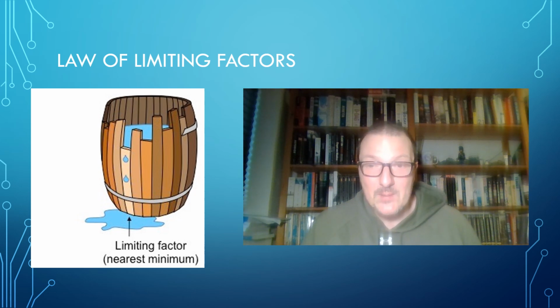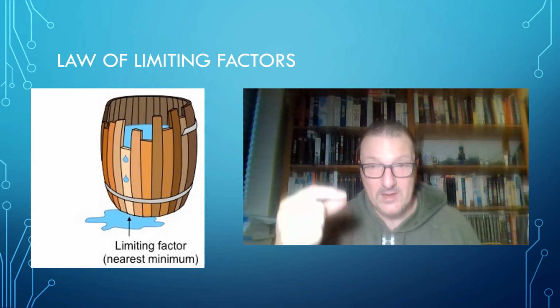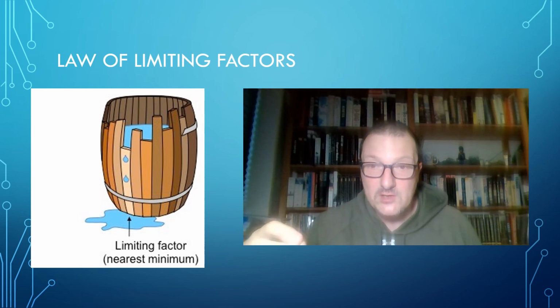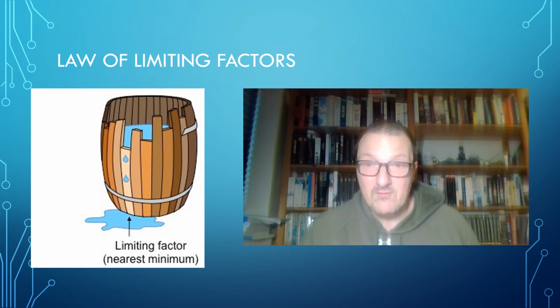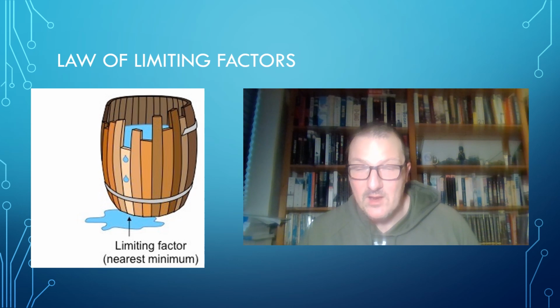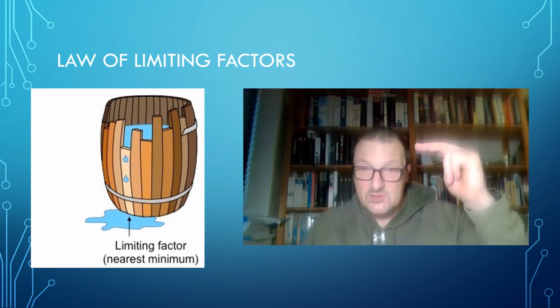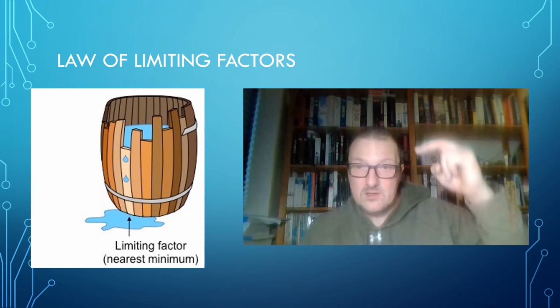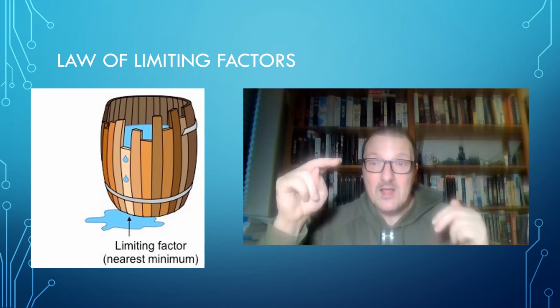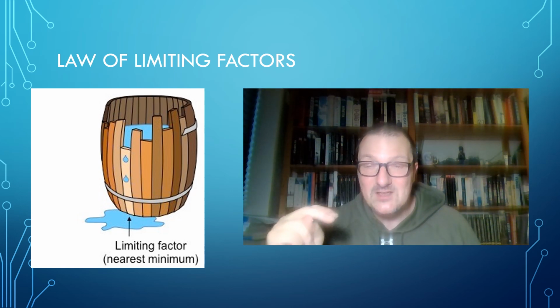If we are in the middle of the Pacific Ocean on a warm summer day, there's a lot of light, there's plenty of CO2, it's hot, but there is very little nitrate, very little nitrogen in the water. So in that case, that will be the limiting factor. So when we look at all the different factors that can limit our primary production, sunlight, temperature, CO2, nutrients, there will always be one of them that is the lowest.